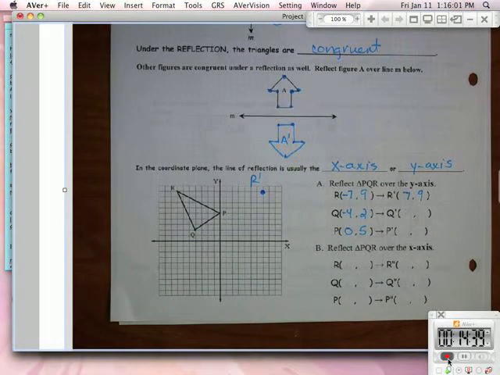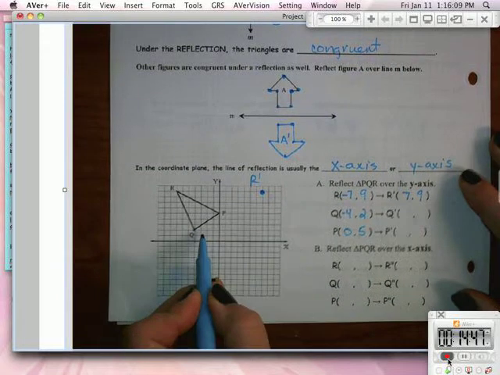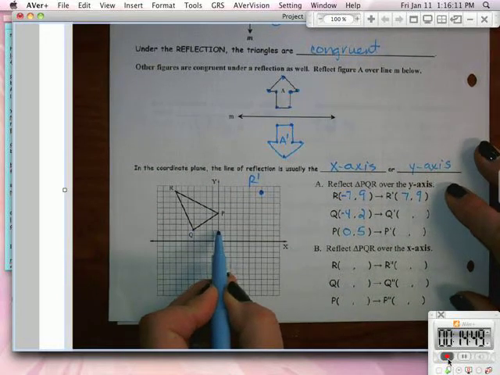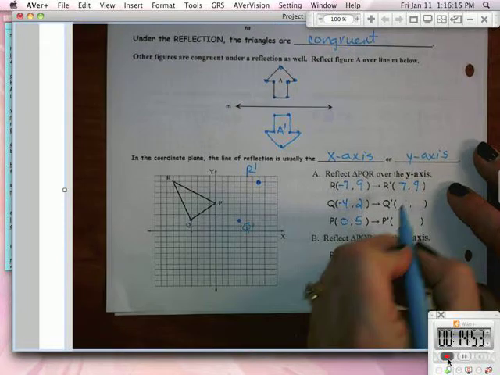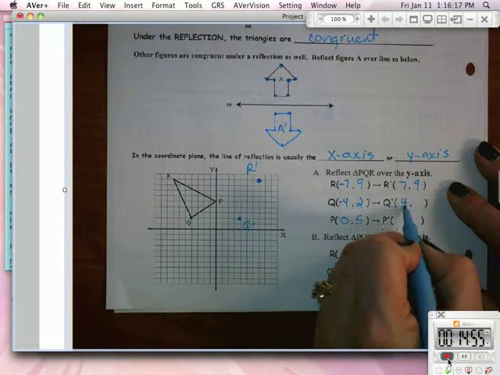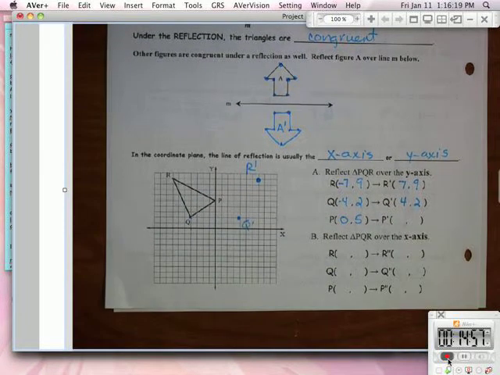The only thing that changed was my x-coordinate. The y stayed the same. The x went to its opposite. Let's do Q. I'm going over 4, and then I go over 4 here. The new coordinates for Q prime are (4, 2). Look at that, the x-coordinate just changed to its opposite when I flipped over the y-axis.